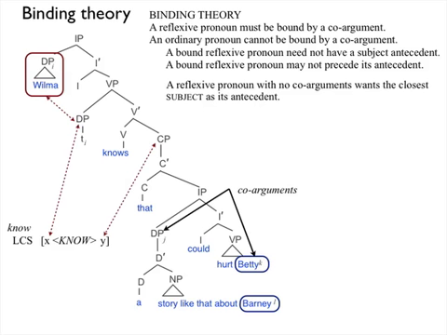I'm going to a completely different structure, right? I'm going to one with an embedded CP. So let's look through that scenario. We're kind of going at this backwards in a way. The first versions of binding theory started out looking at this scenario, not the one with the infinitives and all of that kind of stuff.